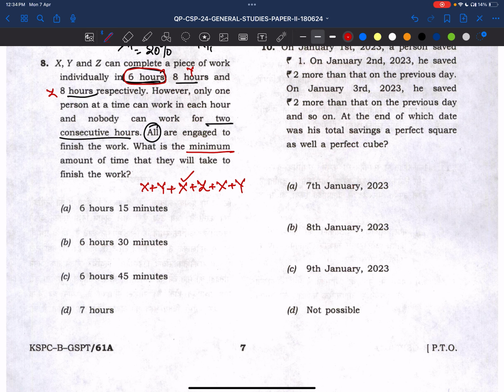So that means what? X and Y: 1 by 6 plus 1 by 8. What is the LCM? 24, right? Like 4 times, 3 times. So 7 by 24. See here. For 2 hours of time, 7 by 24 parts of work is completed. Right? For 4 hours, X and Z have the same values, no? Y is taking 8 hours, Z is also taking 8 hours. That means how much work will be completed? 7 by 24 plus 7 by 24.